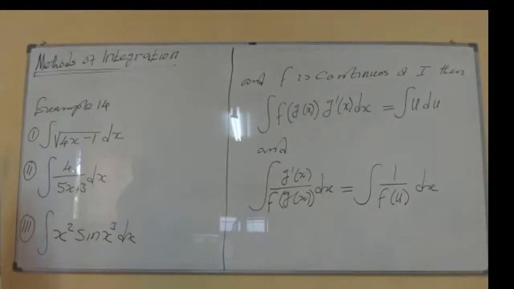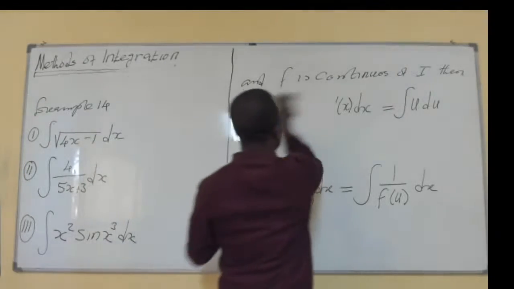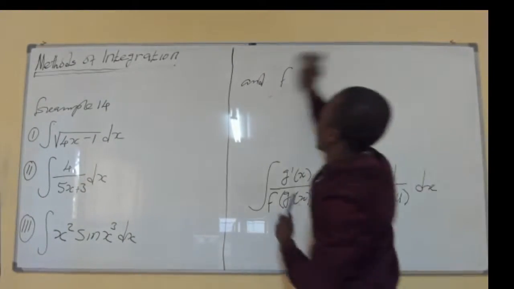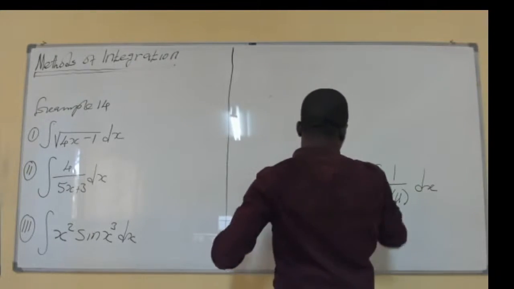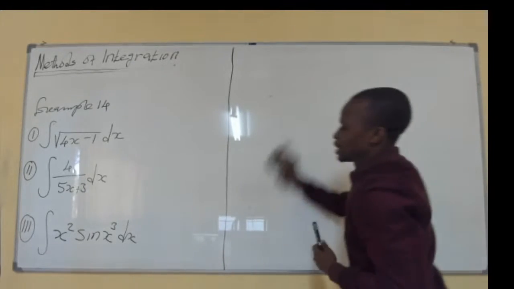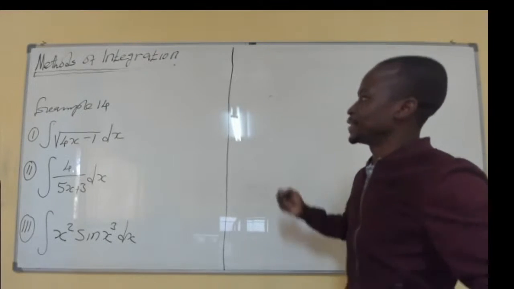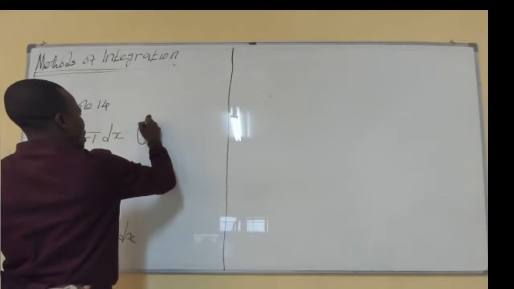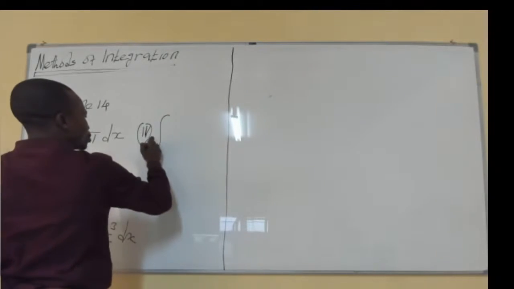If you make a wrong choice, then just know that your solution will also be wrong. Once you make the wrong choice with respect to u, you'll be stuck as you solve.